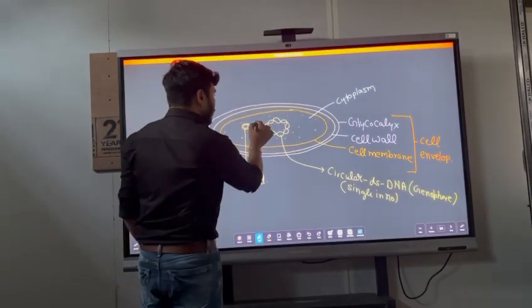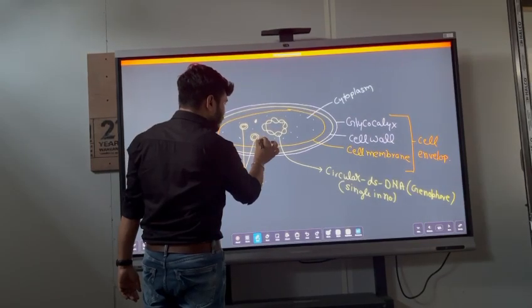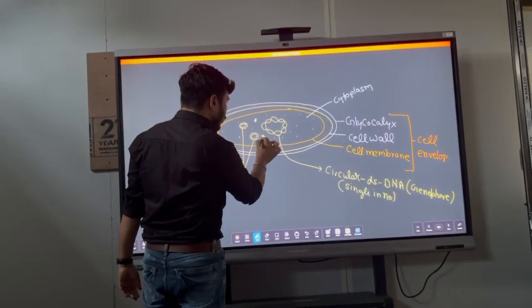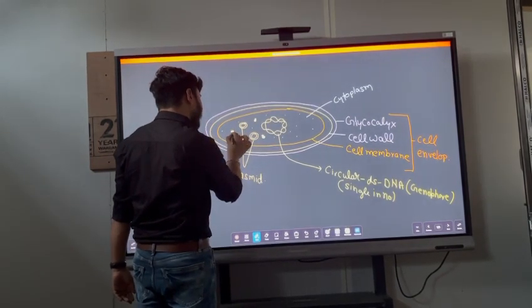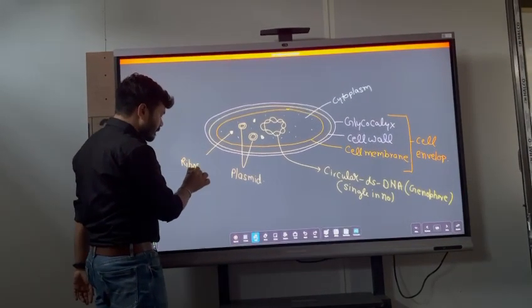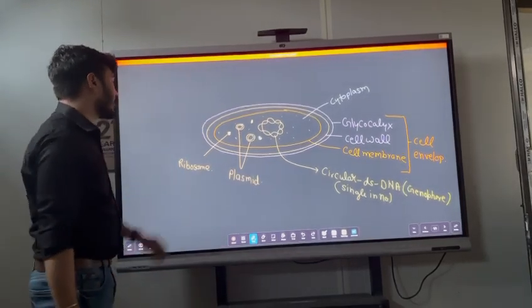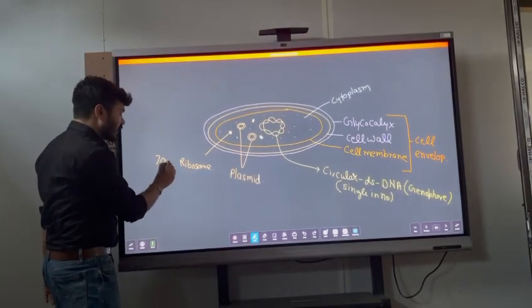Now see, in the cytoplasm, these particles that I am marking here are ribosomes. But you know, my child, the type of ribosome in a prokaryotic cell is the 70S type.